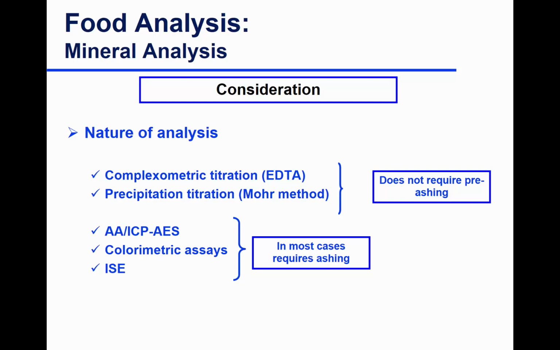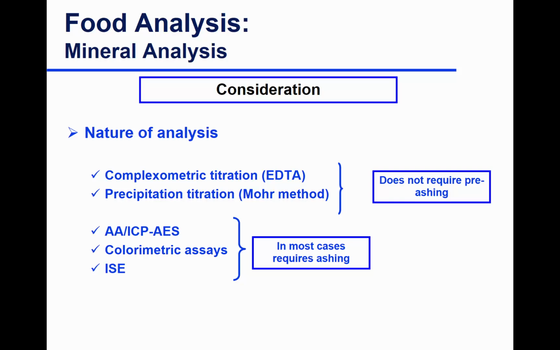So you have to have some consideration while you're running the assay or while you're preparing your sample. But in order to know what considerations we have, let's look at the nature of the analysis. Some analyses are based on complexometric titration, such as the EDTA, and I'll give you an example when we use it for calcium. And precipitation titration, such as the Mohr for salt, and these both do not require ashing.